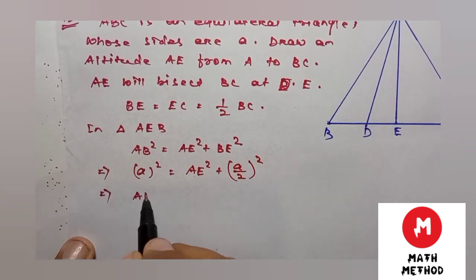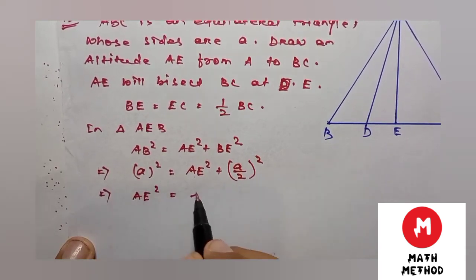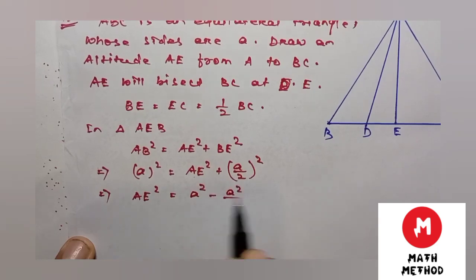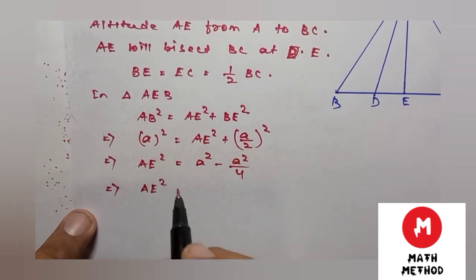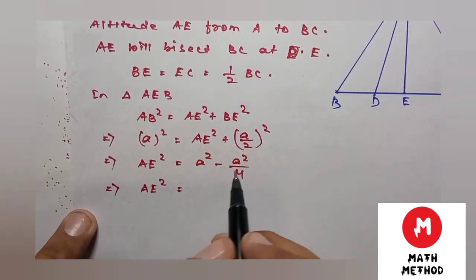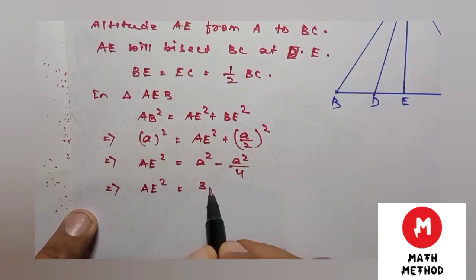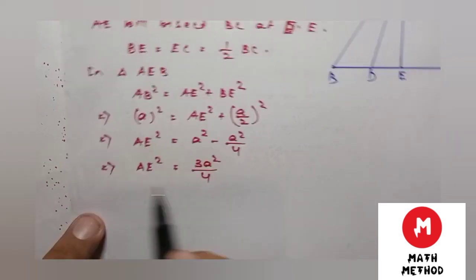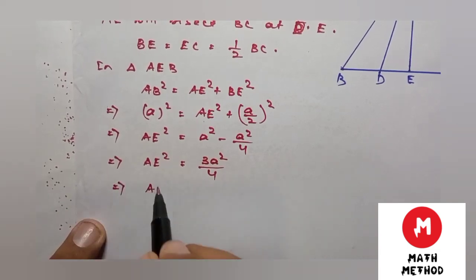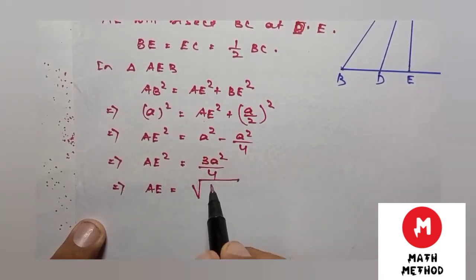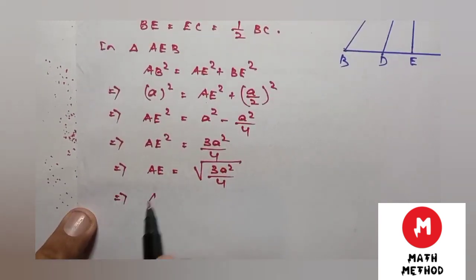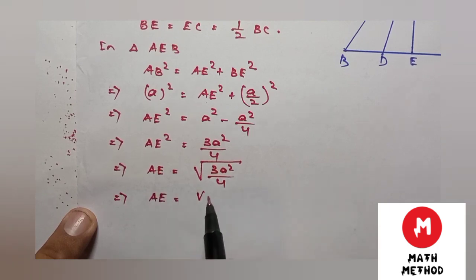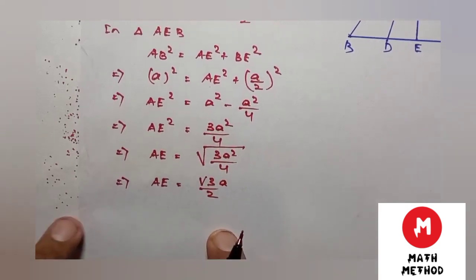This implies AE square equals a square minus a square upon 4, which equals 3a square upon 4. This implies AE equals root over 3a square upon 4, so AE equals root 3a upon 2, which is root 3 by 2 into a.